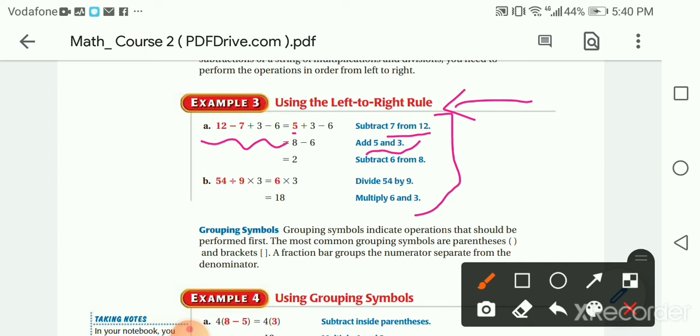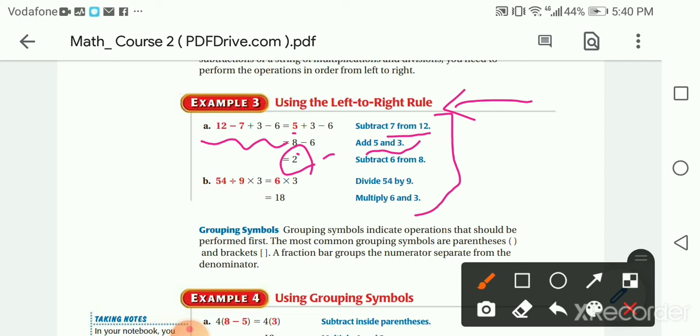So add 5 to 3 gives you, this is the next step, 8. Then subtract 6 from 8, so the answer will be 2. Okay, so I'm using the left to right rule to start from your left hand, the left number, and do the operations in order.